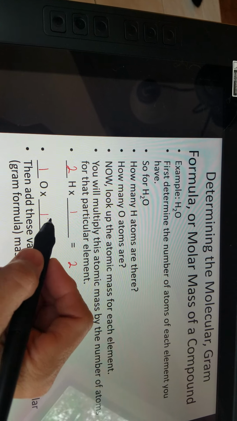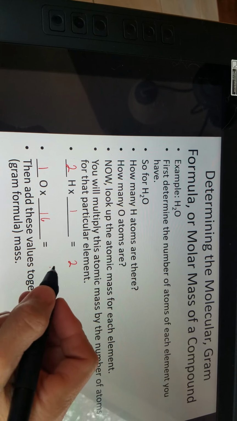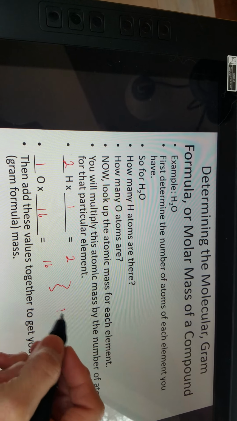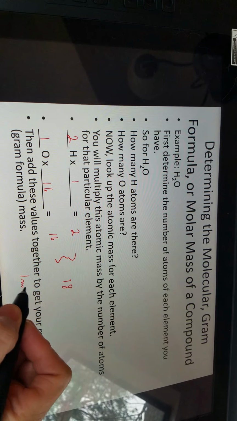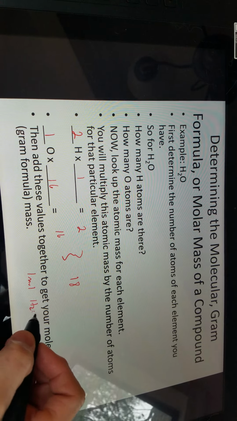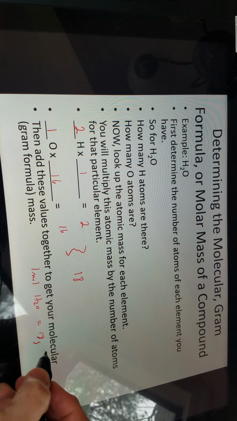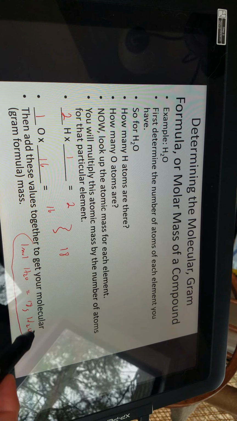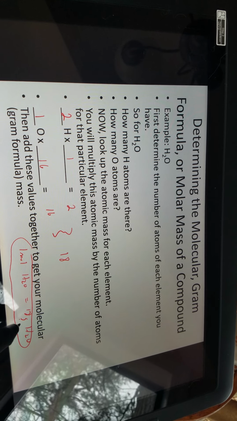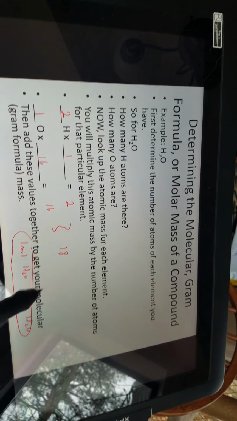Oxygen's mass is around 16, I only have 1 of those. If I add these together, that's going to give me 18, and what that's telling me is that in 1 mole of water, I have 18 grams of water. This can be used as a conversion factor to go between the mass of something and moles, or vice versa.